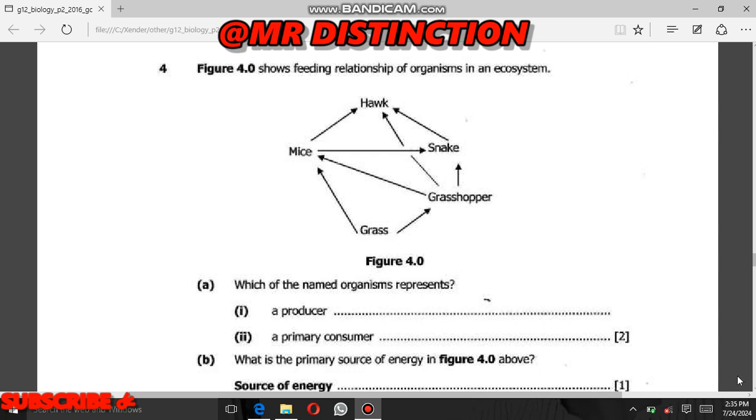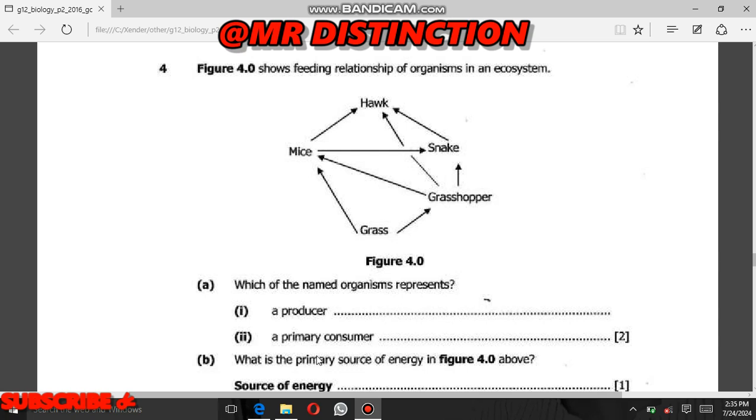Okay, let's go to question B. What is the primary source of energy in figure 4.0 above? What you need to understand is the flow of energy. Energy firstly comes from the sun.